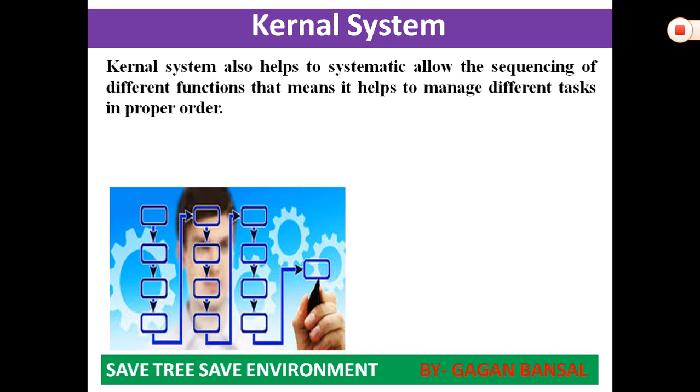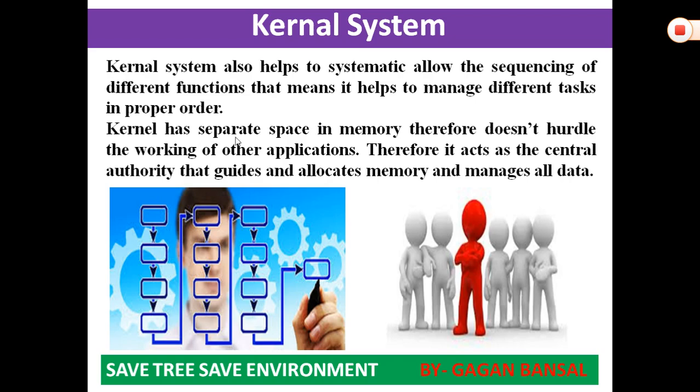The kernel system also allows systematic sequencing of different functions. That means it helps to manage different tasks in proper order. The kernel has separate space in memory, therefore it doesn't hinder the working of other applications. Therefore, it acts as the central authority that guides and allocates memory and manages all data.